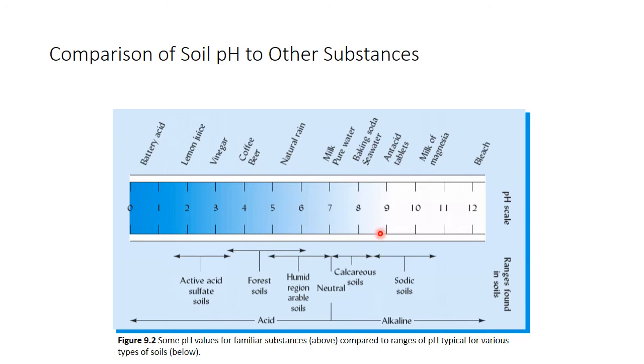Calcareous soils occur up to about a pH of 8.5, which is about the same as baking soda. Once you get into sodic soils, if we have a really high amount of sodium, we can have a pH of 8.5 and higher. Then we're getting into some antacid tablets and even bleach at a pH of 12. So that's the range.